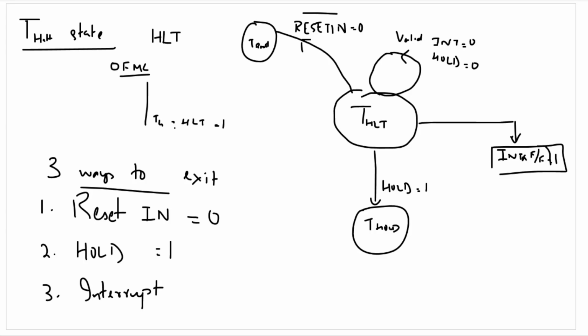Fine. So it will actually start executing the next machine cycle. Say for example, I have written a halt instruction, and its opcode fetch machine cycle is over. So that means my program should have entered the halt state, but it will enter the halt state only after execution of T1 of the next machine cycle. Fine. So this is about the T halt state.